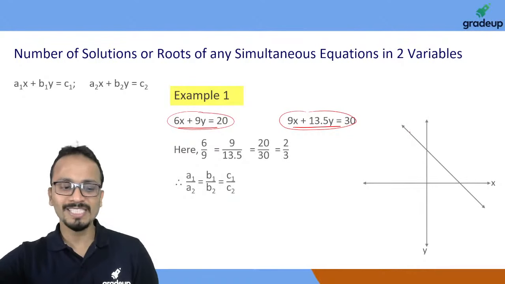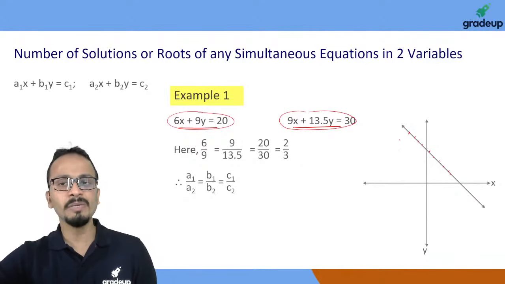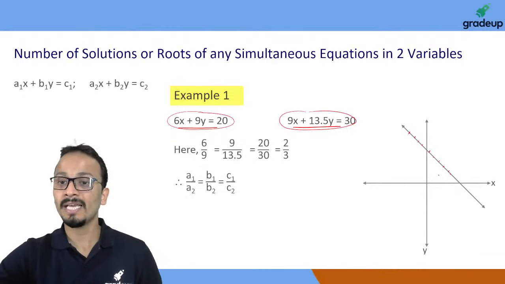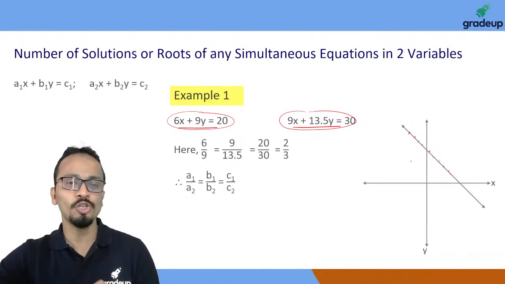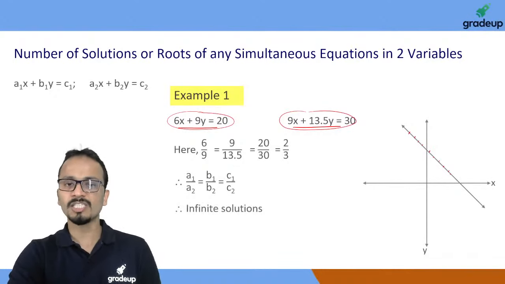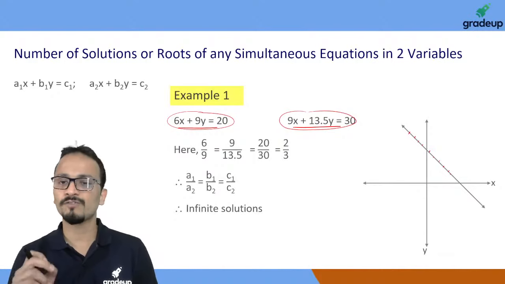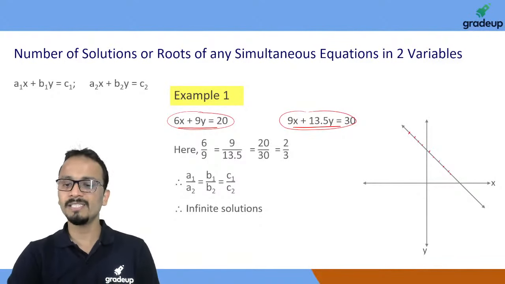If these two lines are overlapping, then every point that lies on these lines will be a solution of both these equations. So in such a scenario, there will be an infinite number of solutions for these two equations.